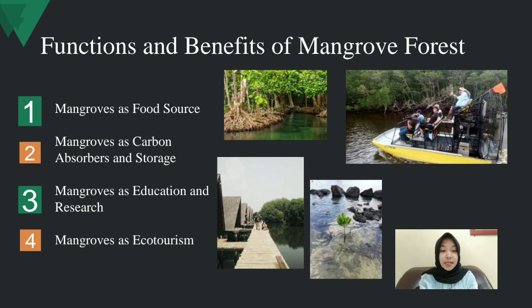1. Mangrove as a source of forest product. Mangrove forests are often used by humans for wood, a useful material for boats, chains, nets, glue, fabric, dyes, and so on. 2. Mangrove as carbon absorber and storage. Like other forest ecosystems, the mangrove ecosystem has a role as an absorber of carbon dioxide from the air.